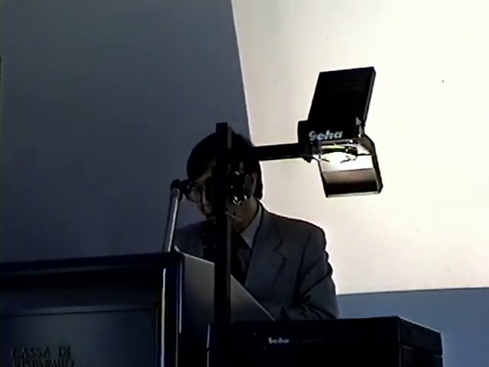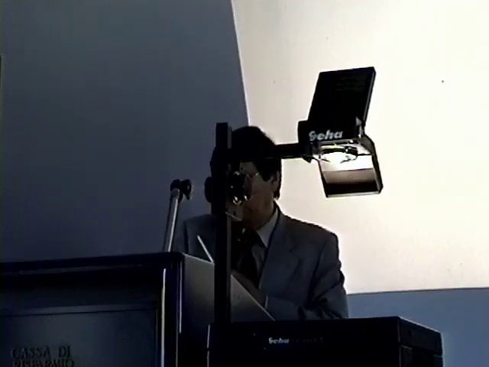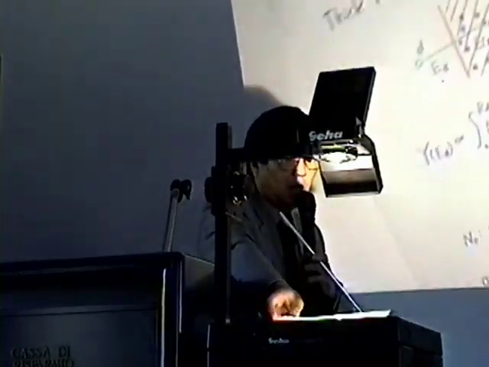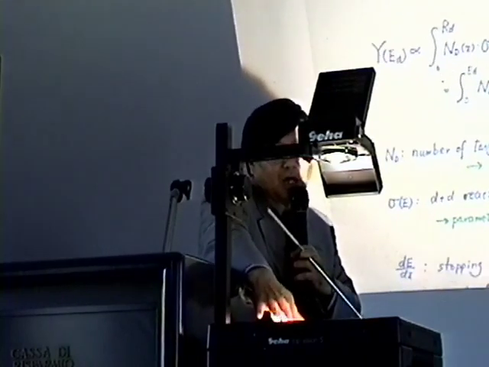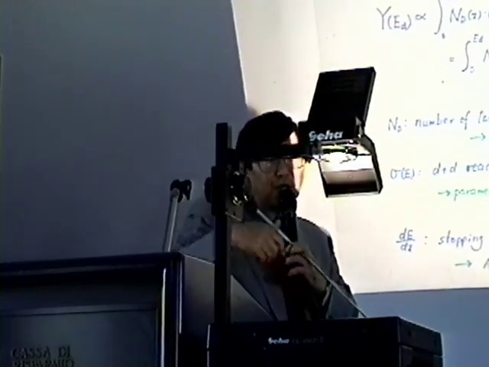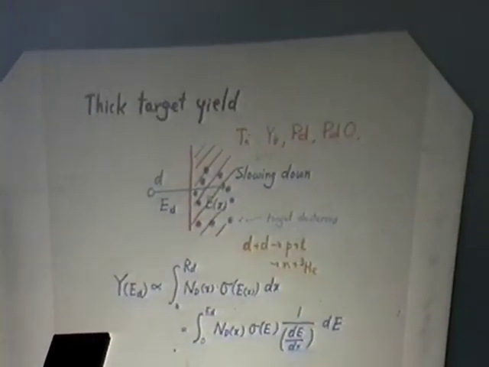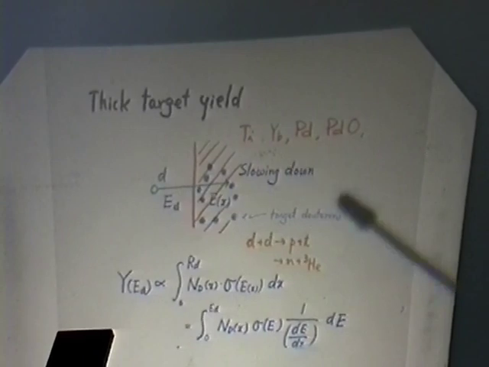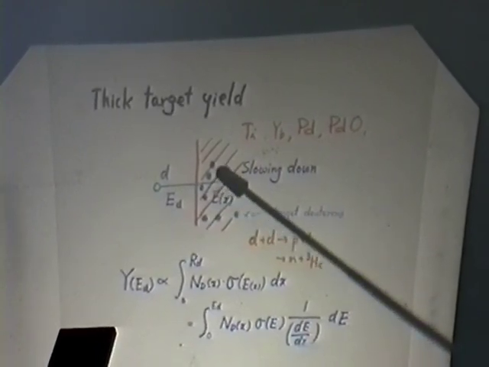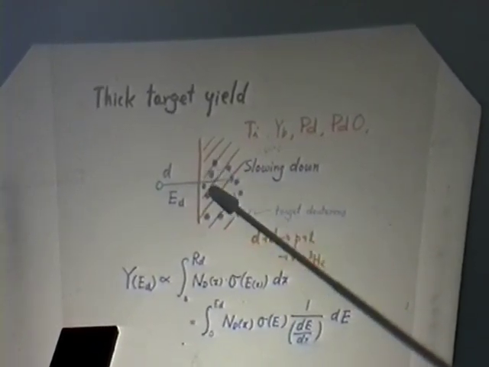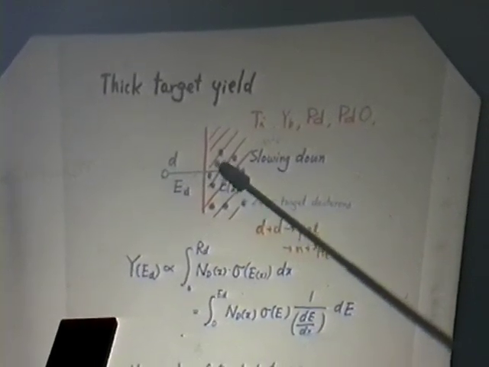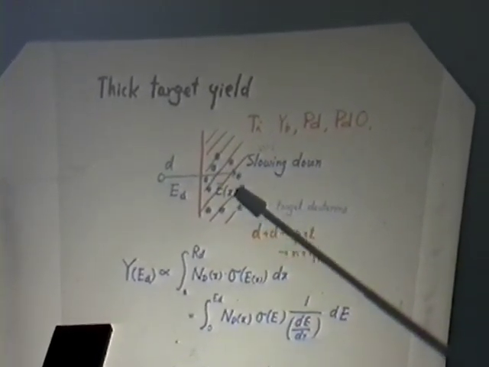What I want to show you is one thing over here: how I analyze the data. Because this method is using the so-called thick target method. Therefore, as I told you, the incident deuteron is slowing down, losing its energy.